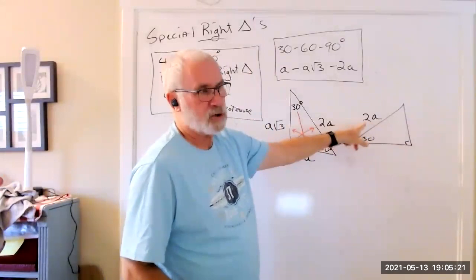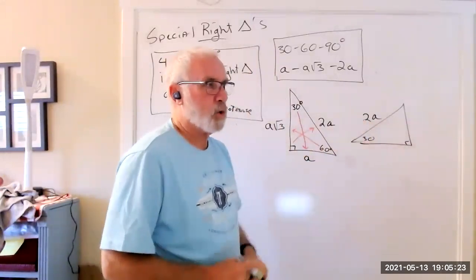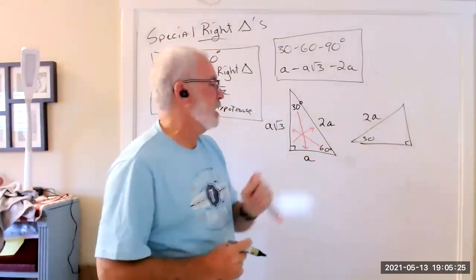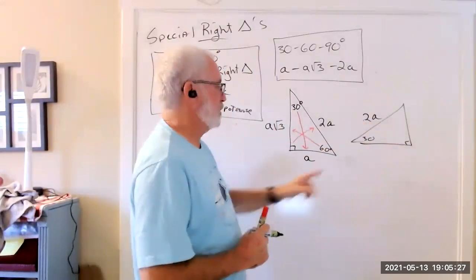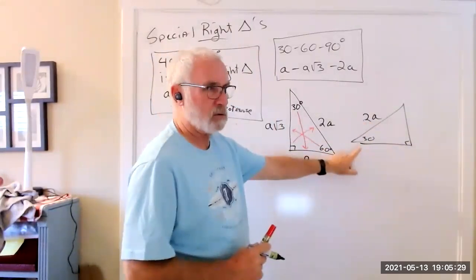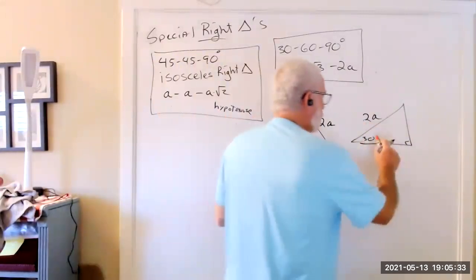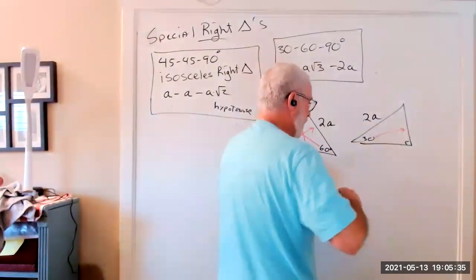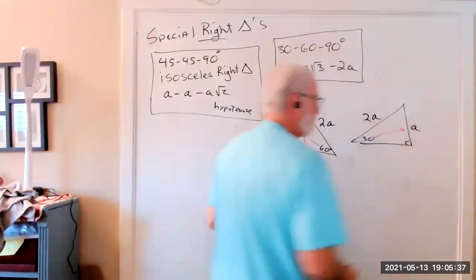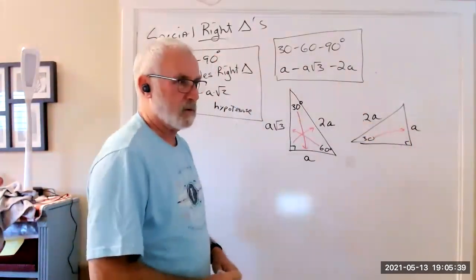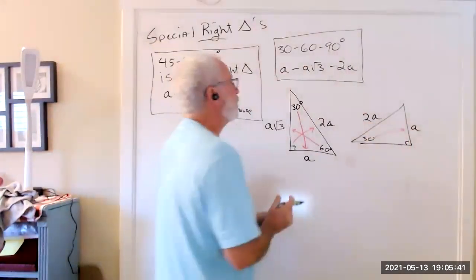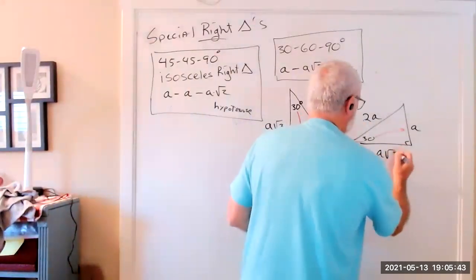Always. That won't change. The short side, A, is always opposite the 30-degree angle. So if there's a 30-degree angle, then what's opposite from the 30-degree angle must be A. And then what's left is A times the square root of 3.